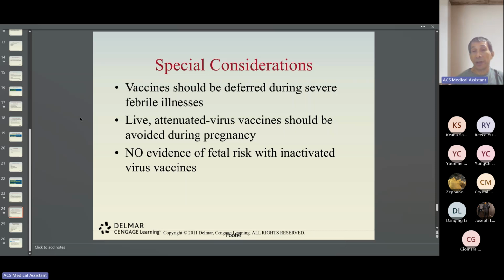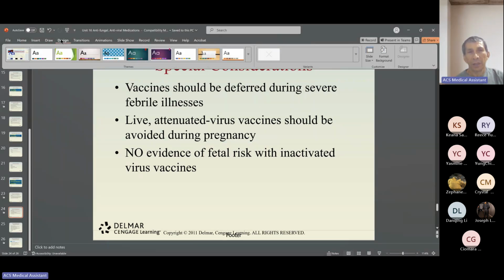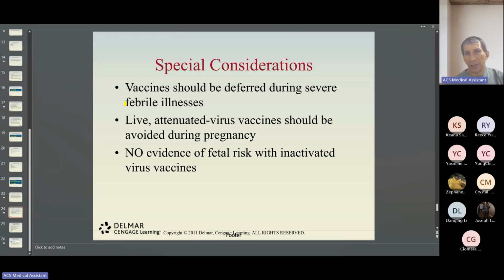Surgical procedures are not done. Certain medications are not given to the patient when they are febrile. Remember, febrile means fever. Oh, this is good. So keep it in mind because this is very important. Febrile means that the patient has fever.